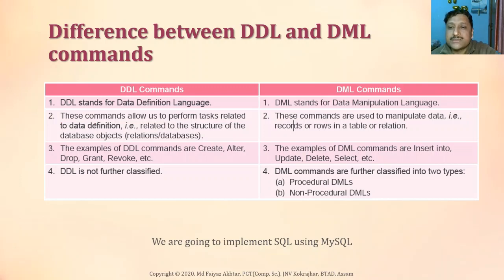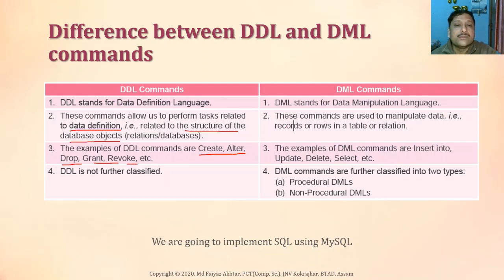DDL commands allow us to perform tasks related to data definition. Data definition means the structure of the data, data types, tables, and creation of databases. That is related to the structure, the foundation part of the database. Examples of DDL commands are create, alter, drop, grant, revoke.